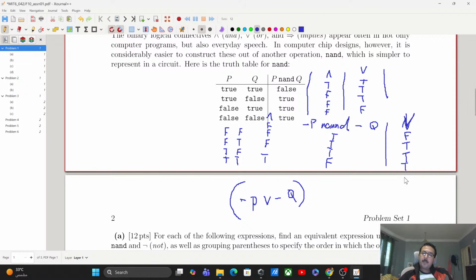So, but here it's going to be again with the and. It's going to give me false.